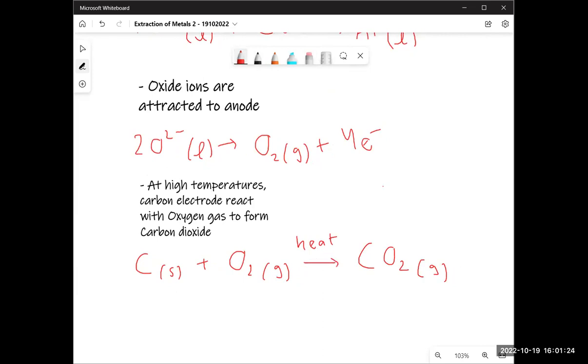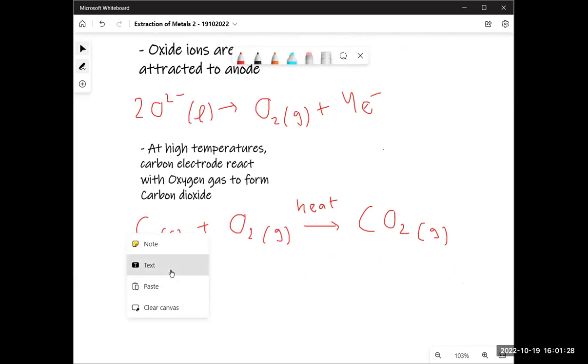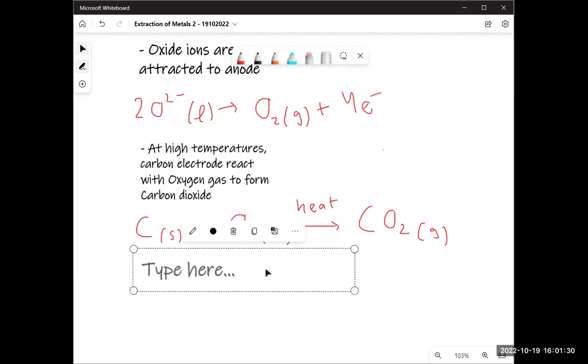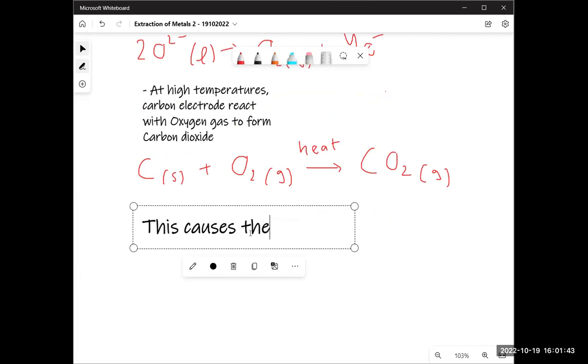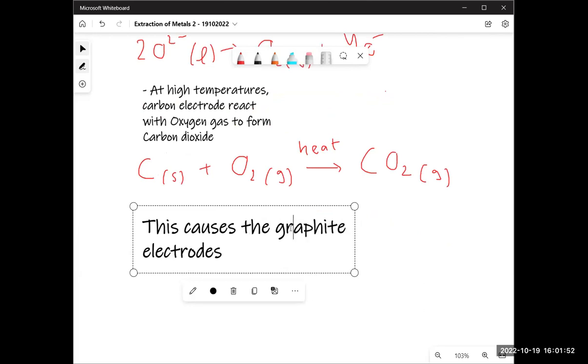Write everything as I am writing it. Final thing is this causes the graphite electrodes, the anodes, to be replaced.